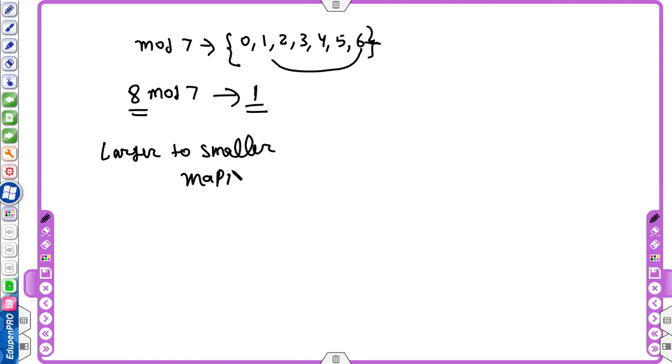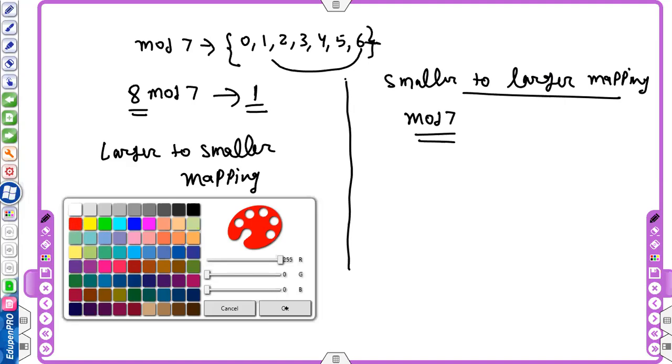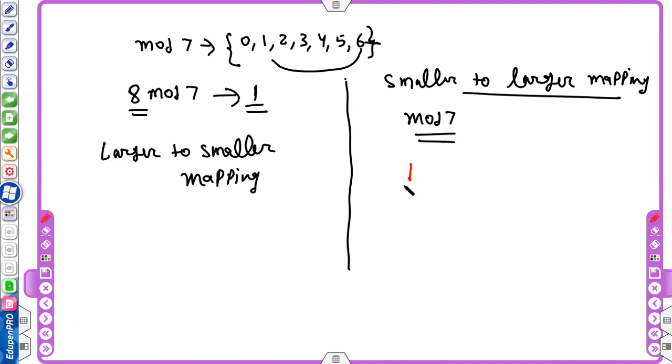So this is the possible case, but the problem for others, which I am going to discuss, is the strength of this modular arithmetic strategy. Now the problem is, let's talk about smaller to larger mapping. Suppose the same example, mod 7, and I write one number, say 1.